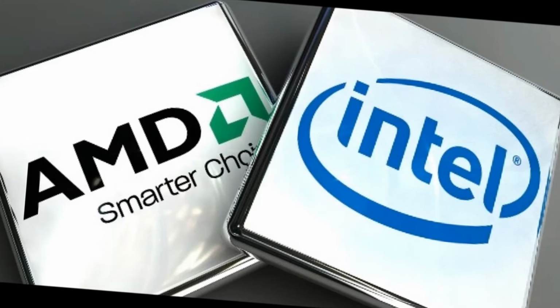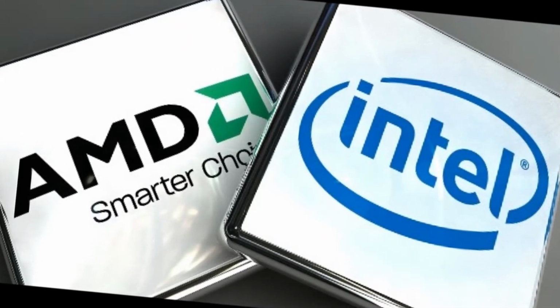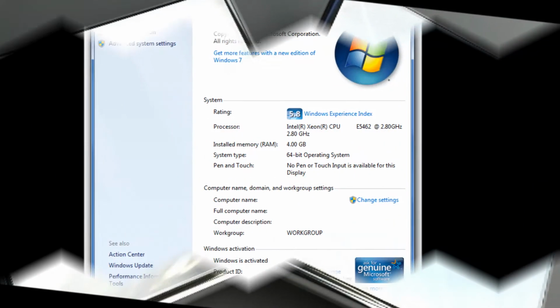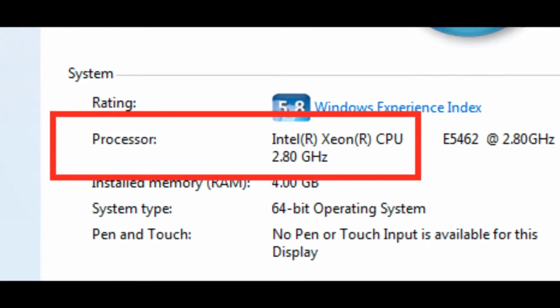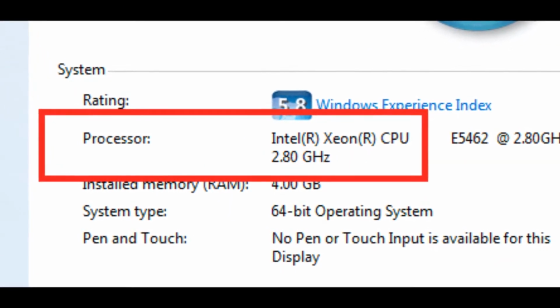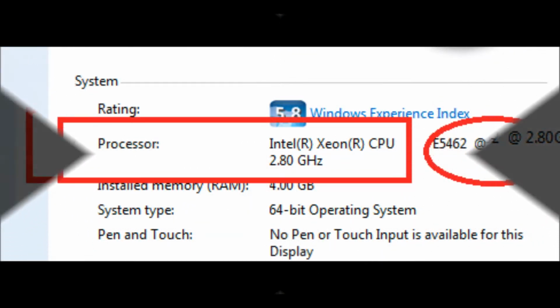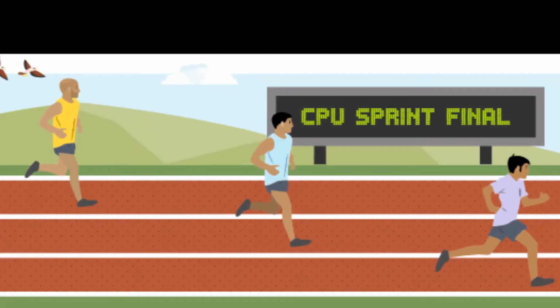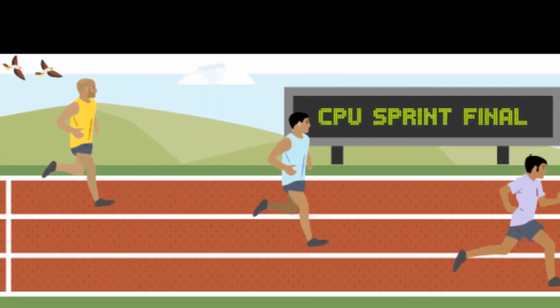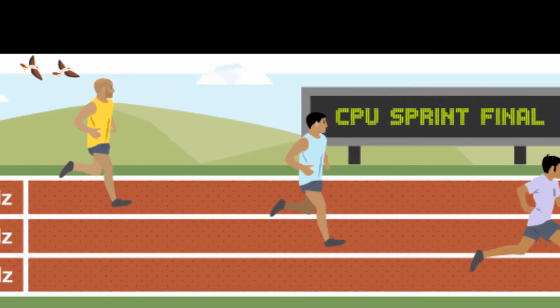What processor is there in your system? To know this, you can click on Properties of My Computer, which displays the processor in your system, and along with that we find some numbers beside something written as GHz or MHz. Now this number states the speed at which the processor is executing.